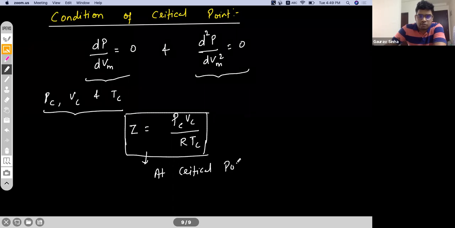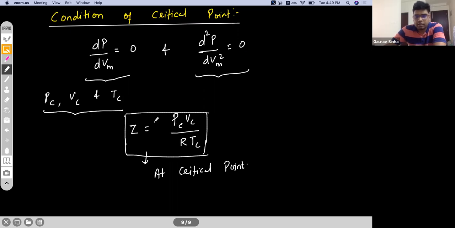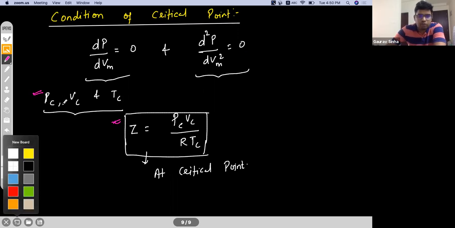So our objective is to find out, first of all, PC, VC, and TC. Once we get these, substitute them here and you'll get the compressibility factor at the critical point. All these things are very important. Many times they've asked this question in the exam. Now we are going to see how we find out PC, VC, and TC.